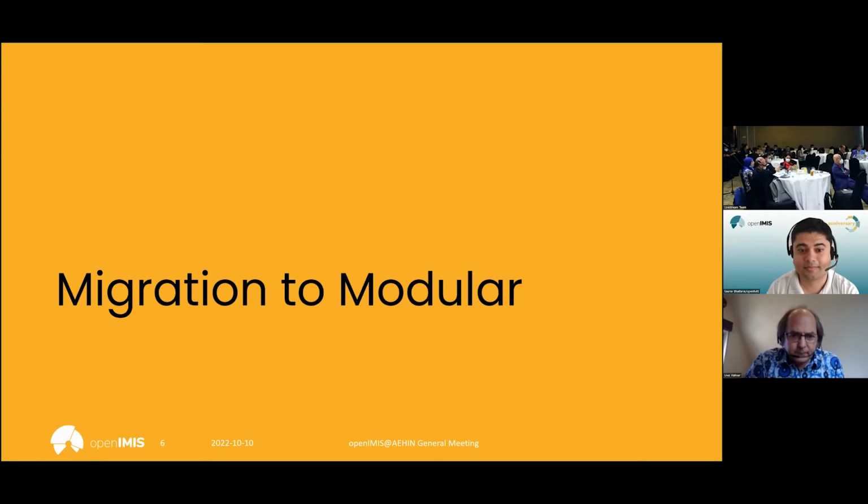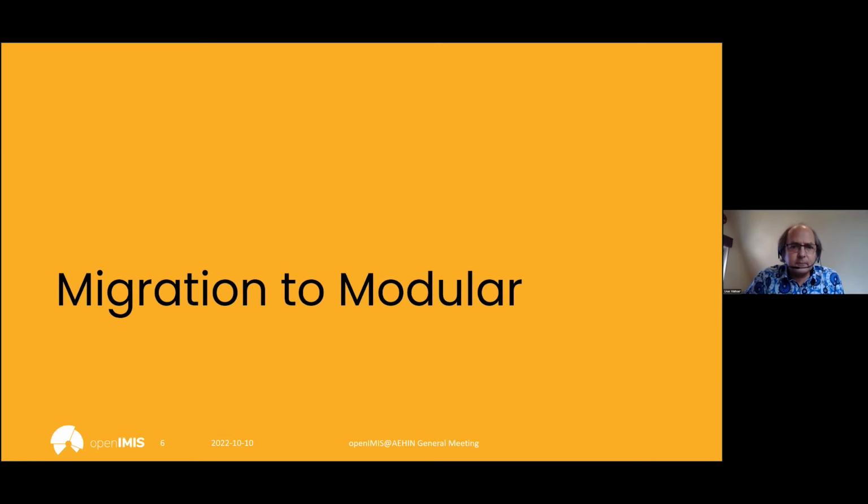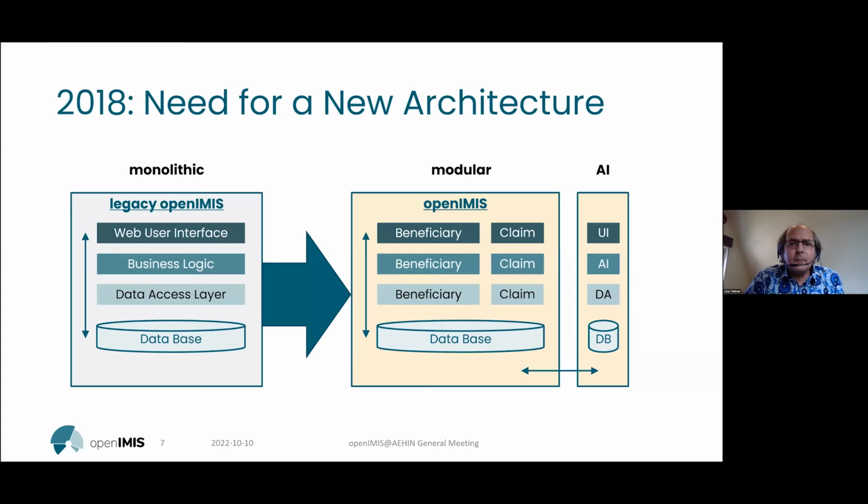We can start with the first slide to get an overview of what we actually wanted to do from the beginning. So starting in 2018, we had this monolithic software package based on Microsoft technologies. And we wanted to have something with more modern technology, a more modern architecture, and also in open source technologies and frameworks.